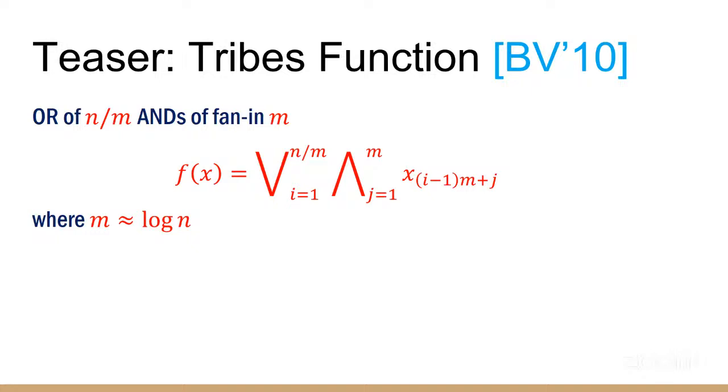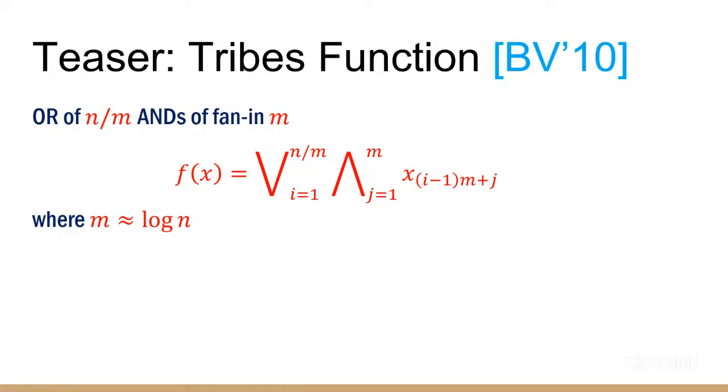Okay, so the teaser is this tribes function. Let's start with just read-once Boolean formulas that can solve the coin problem. So what's a tribes function? You divide the input into blocks of length m.